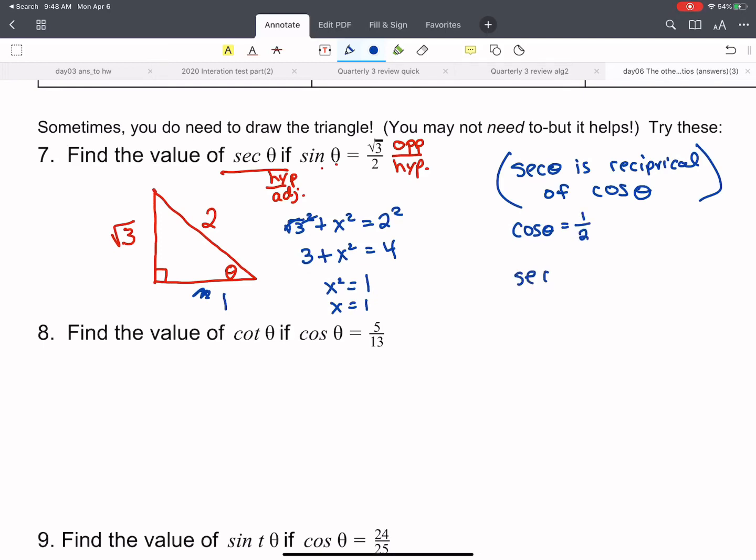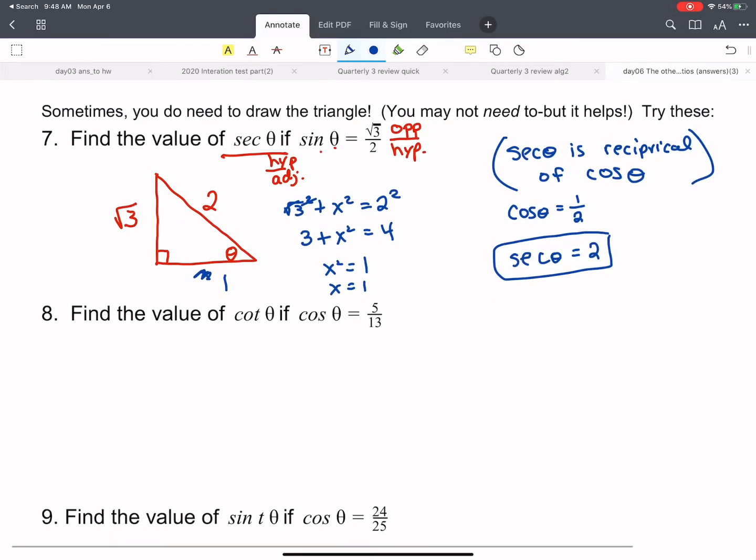So secant theta is 2 over 1, or just 2. Okay? That's just one way of doing it. You can also just think it's hypotenuse over adjacent, whatever. Any of those ways of doing it, just understand that you do need to draw a triangle and use Pythagorean theorem to help you.